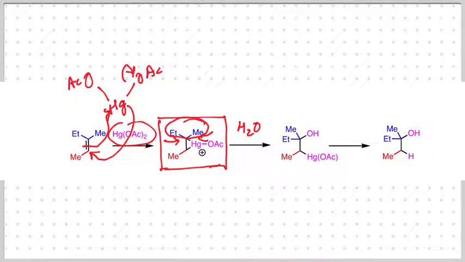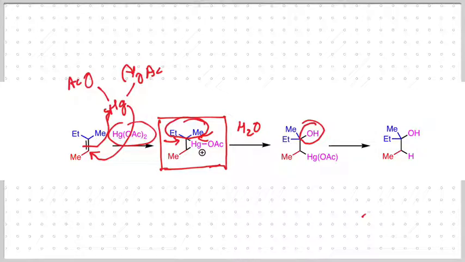The reason is Markovnikov's rule. So based on Markovnikov's rule, always the nucleophile goes to the side which contains least number of hydrogen atoms. So that's why we are opening up the three-membered ring from that side. So that's how you get the hydroxyl group on this carbon. Then you have mercuric acetate here.